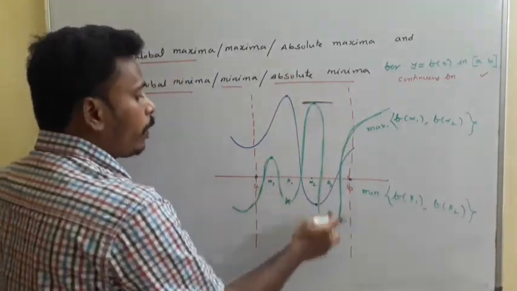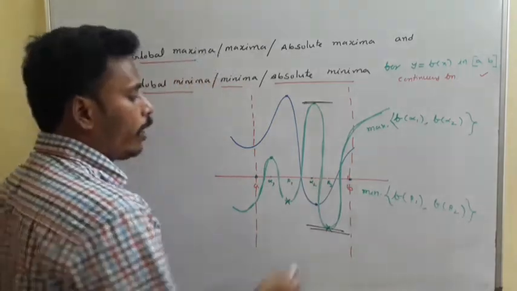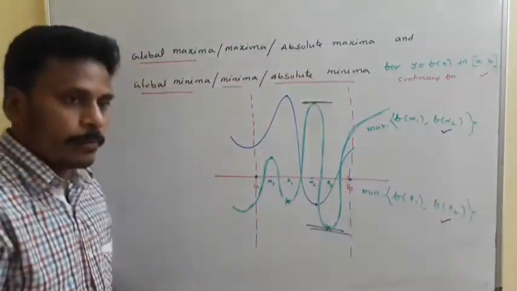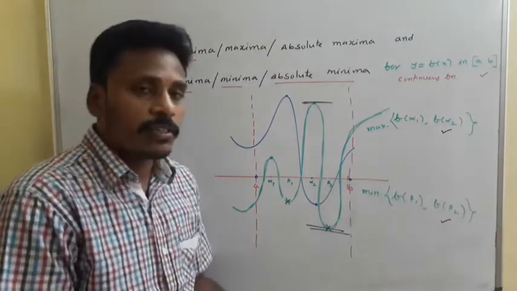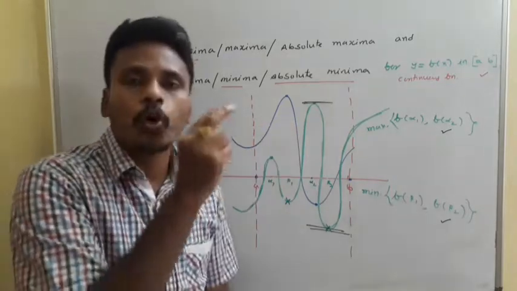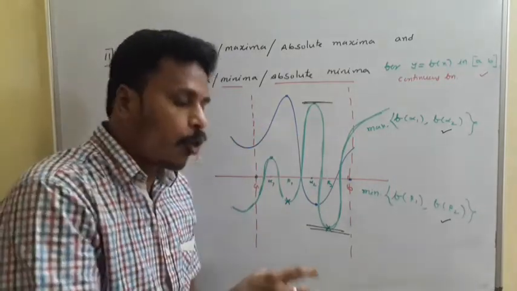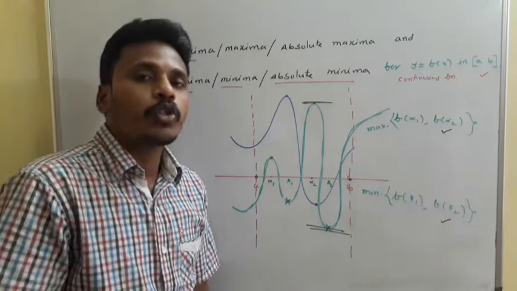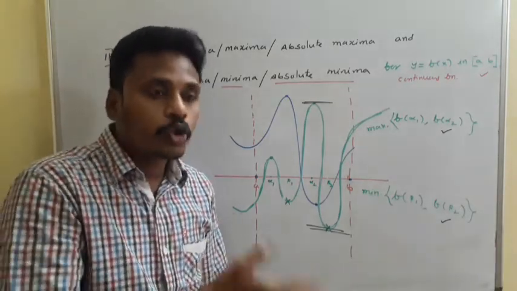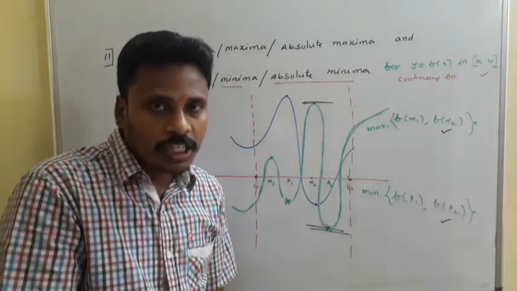At beta 1 and beta 2, this is the minimum point. So f of beta 2 is global minima, and f of alpha 2 is global maximum. I think the discussion is clear for everybody. In the given interval, you need to locate local maxima points as well as local minima points. Among the local maxima values, the maximum value is the global maxima. Among the local minima values, the minimum value is the global minima.